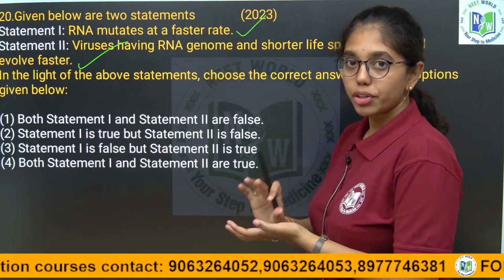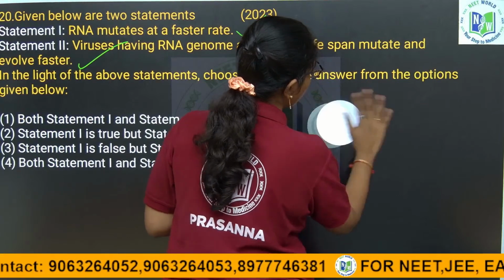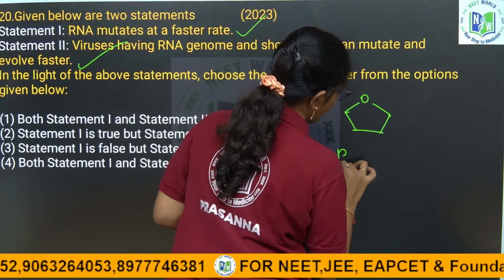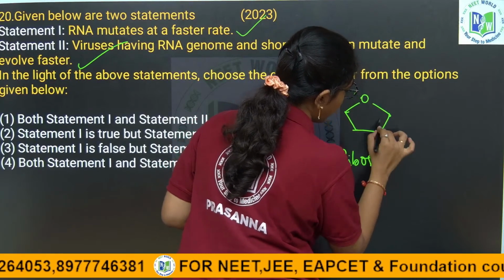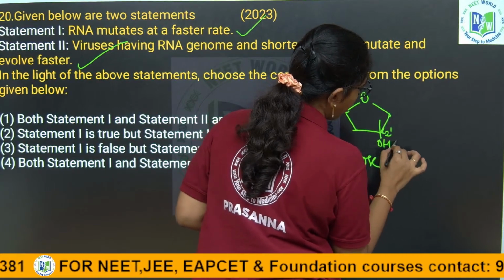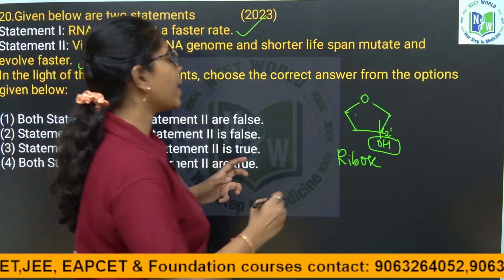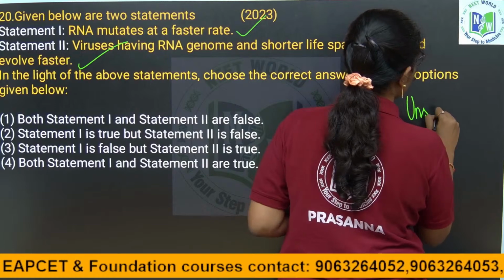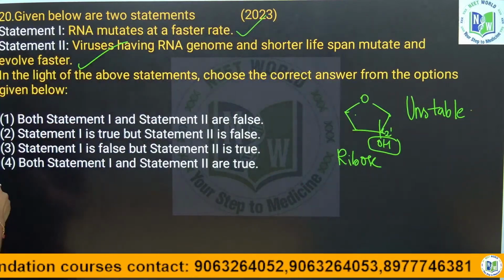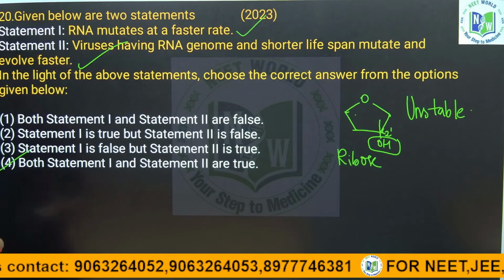Both are true, because in RNA the pentose sugar present is ribose, wherein at the second carbon the free hydroxyl group makes the RNA molecule more reactive, and that is why it is unstable. Here both the statements are true. Option 4.